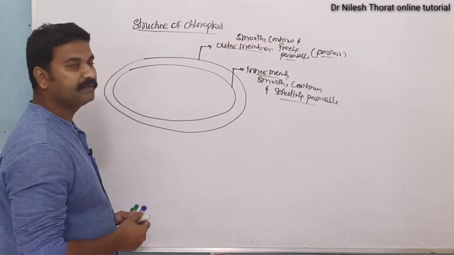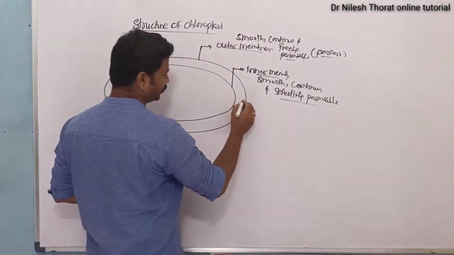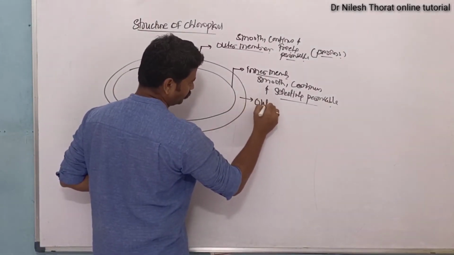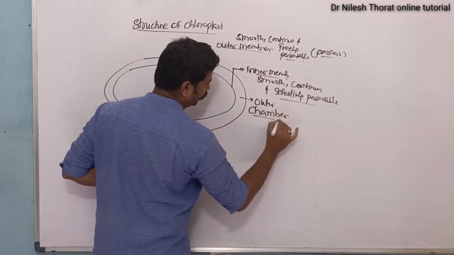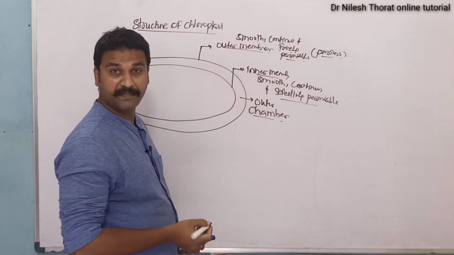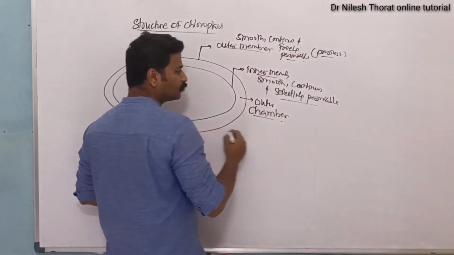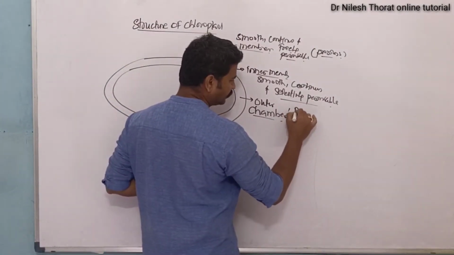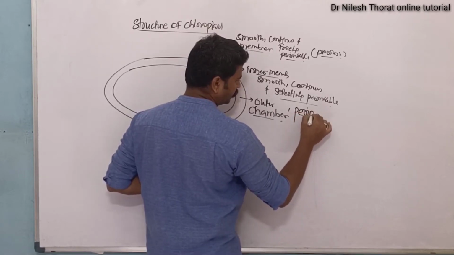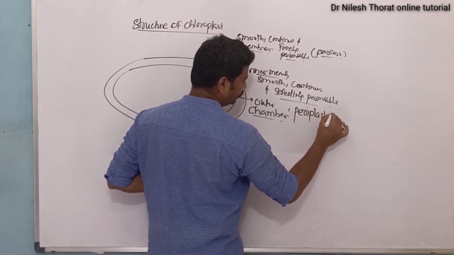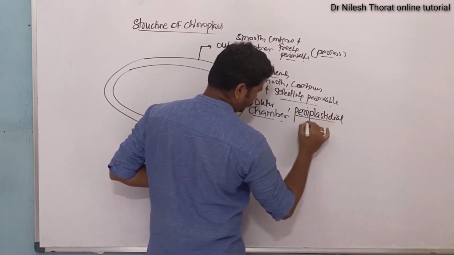Now the space between the two membranes is called as outer chamber, or it is also called as periplastidial space, as the chloroplast is a plastid and the space adjoining to the chloroplast is called as periplastidial space.